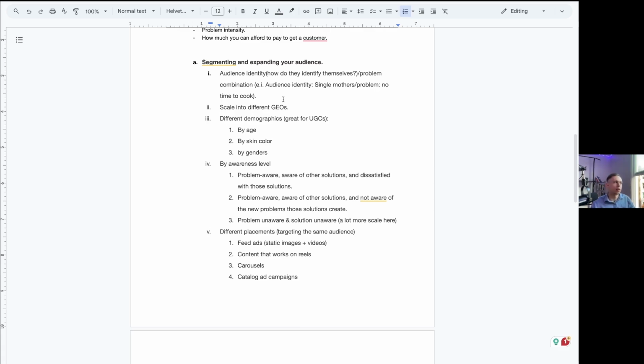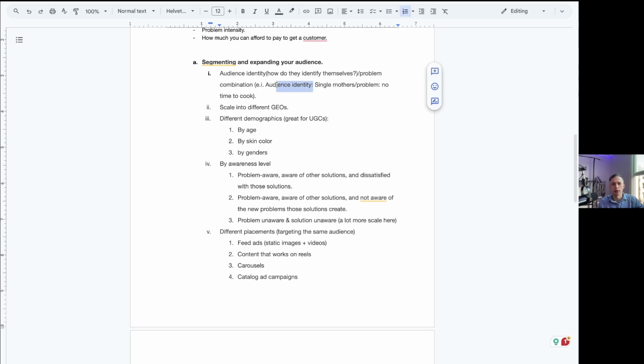You can sell it to moms, but you can also sell it to office workers and say, hey, it's gonna automatically cook your food instantly, so you have fresh food. Then you can just create a campaign for that audience. So you want to find out who your product can help and what it can help them with.